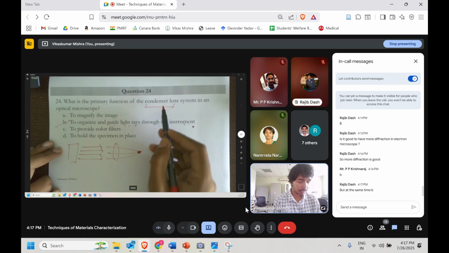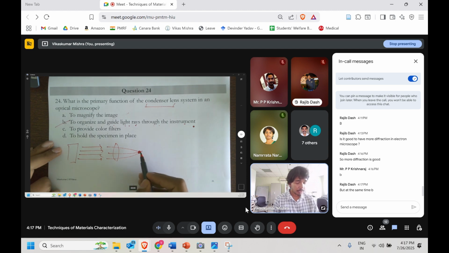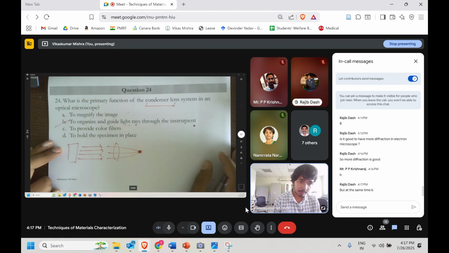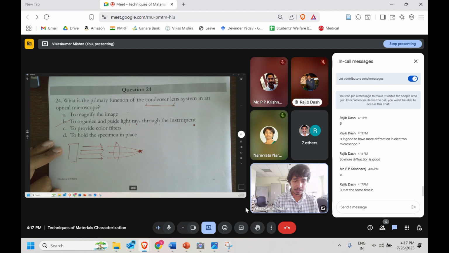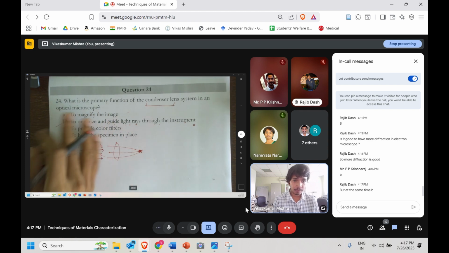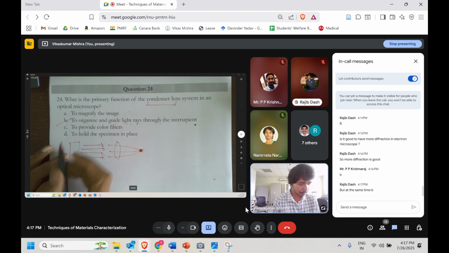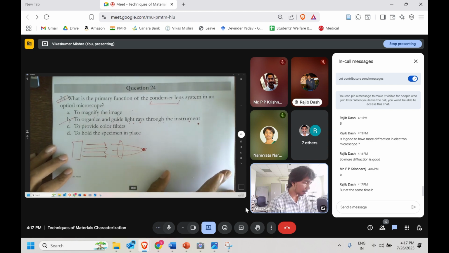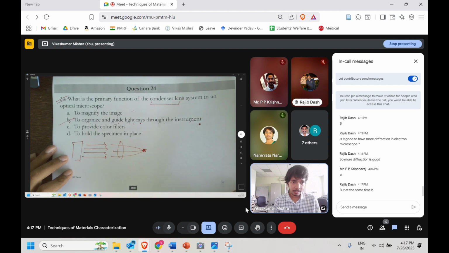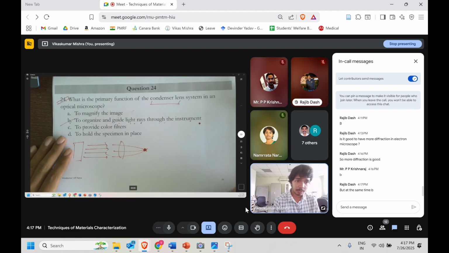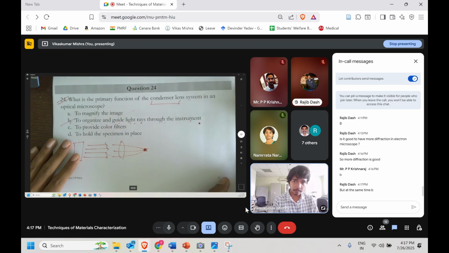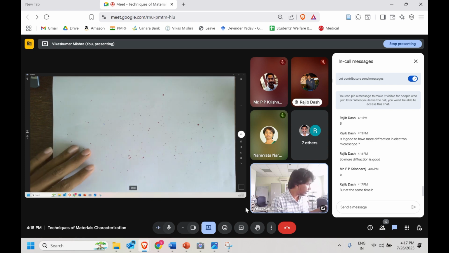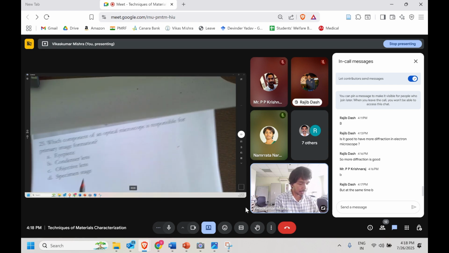This light is going to interact with our specimen, and after the specimen, it will come to the objective lens where we are going to see the image. So option B is the right answer. Let's move ahead. If there is any doubt, please let me know. Okay, since there is none, let's move to question number 25.